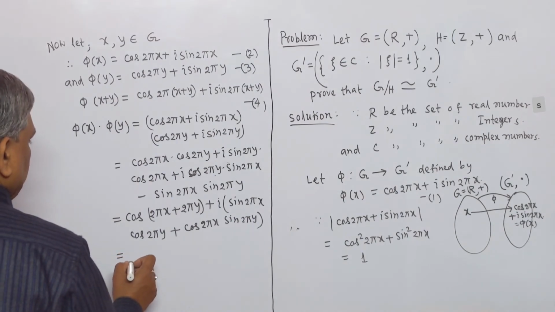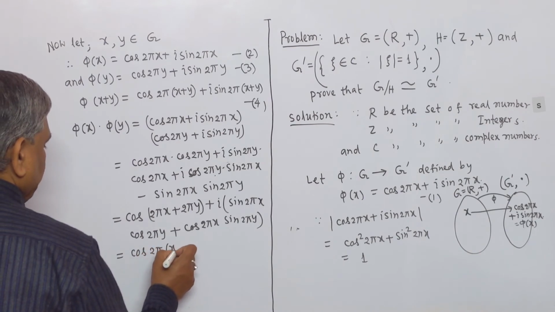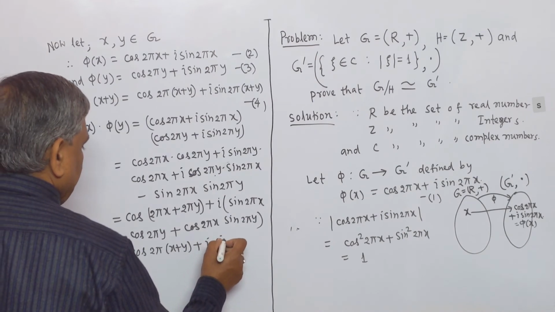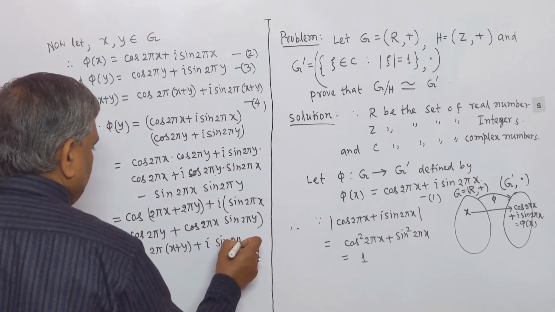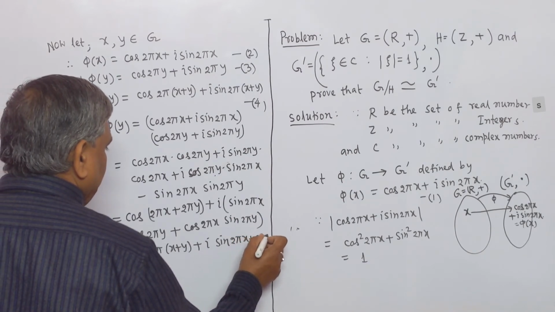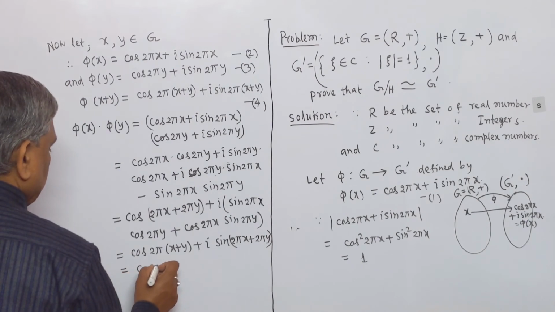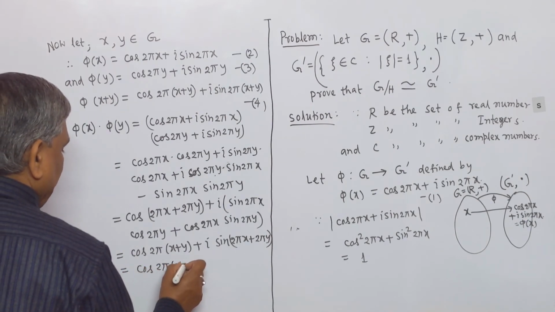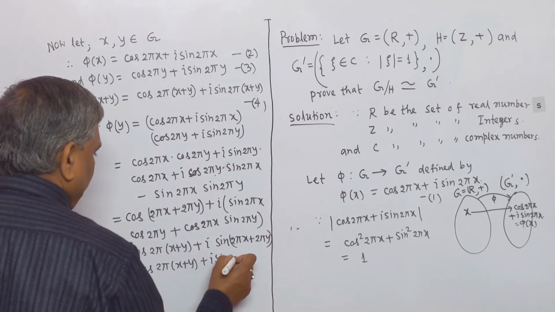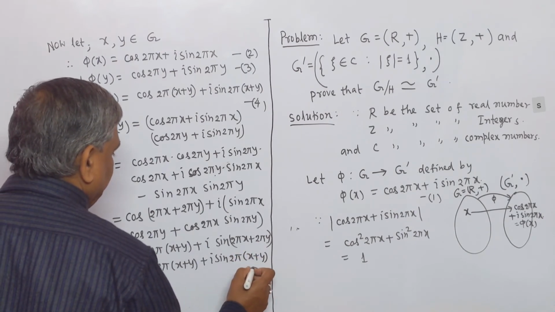This equal to cos 2 pi x plus y plus I sin 2 pi x plus 2 pi y. This equal to cos 2 pi x plus y plus I sin 2 pi x plus y. This is number 5.